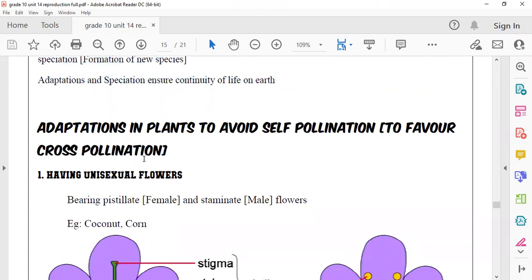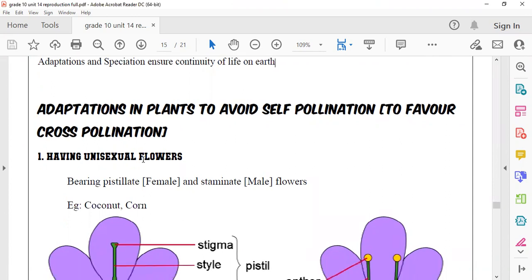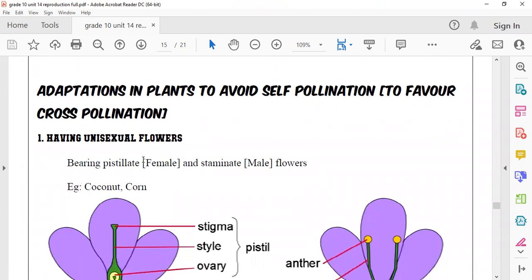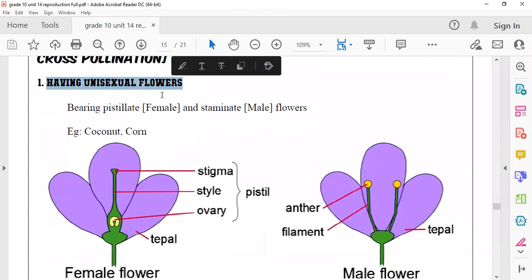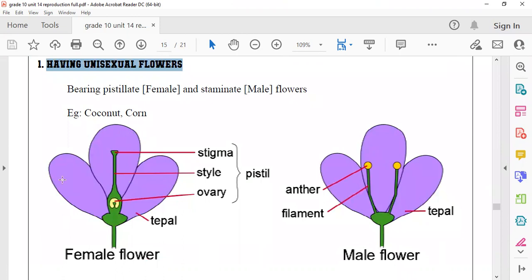In plants, there are several adaptations to avoid self-pollination. One of the adaptations is having unisexual flowers. Look at this flower, the left side flower. It is a female flower. It has only pistil, only gynoecium, no androecium. See the right side flower. It has only stamens, only androecium, no gynoecium.